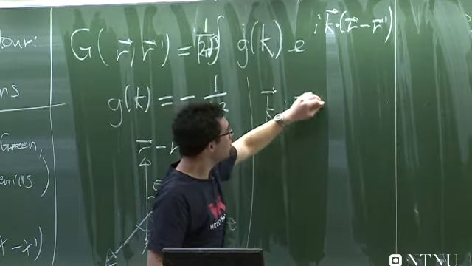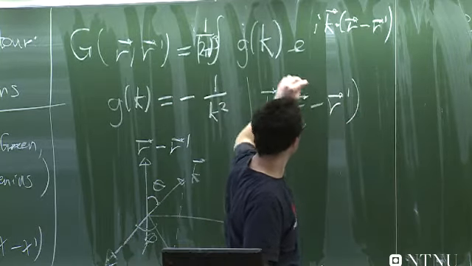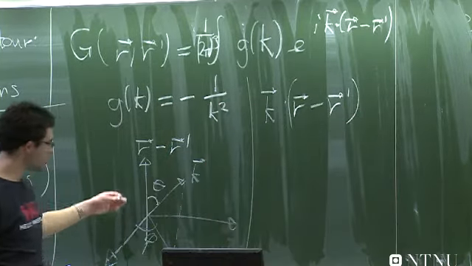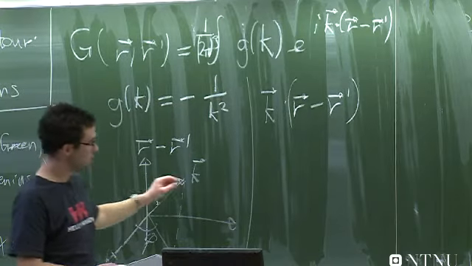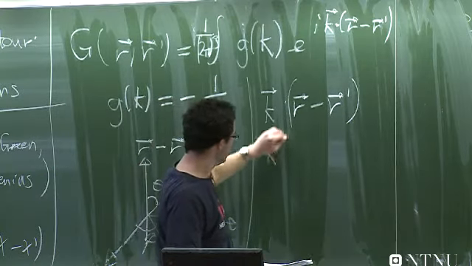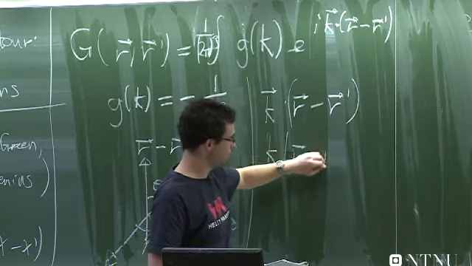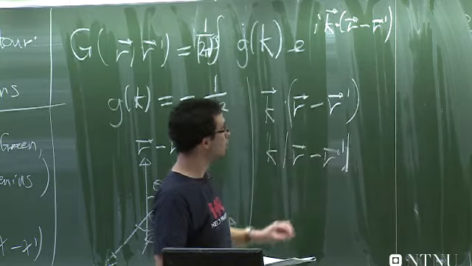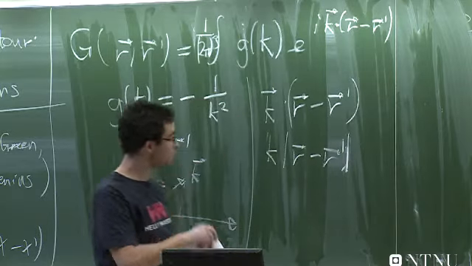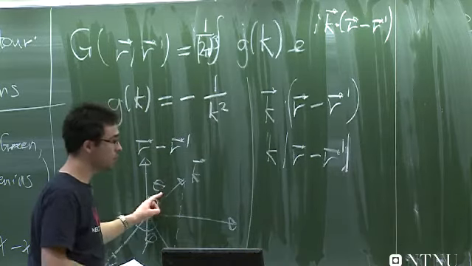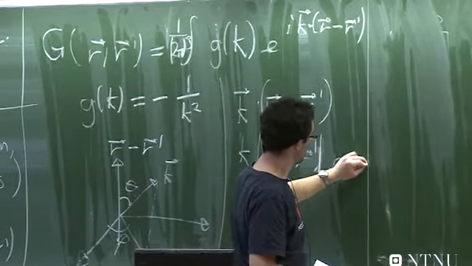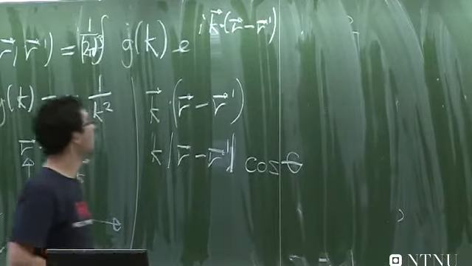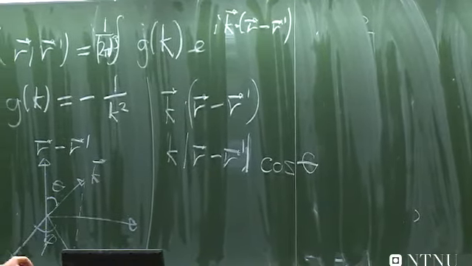If I choose my coordinate system like this, then k dot r minus r prime is k times the length of r minus r prime, times the cosine of the angle between them, which I call theta. And then I think we have all we need to solve this integral.